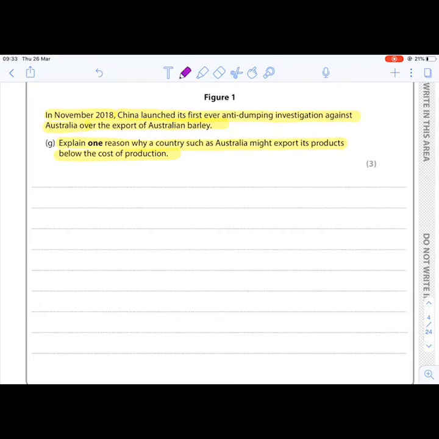However, the Chinese farmers would not be able to compete, and would then go out of business, and therefore that would just leave the Australian barley farmers to dominate that market, so they can then increase their prices. Okay, so therefore they can dominate the market.